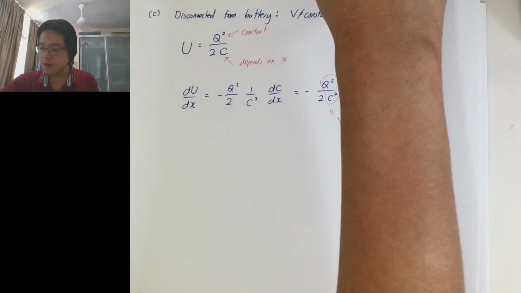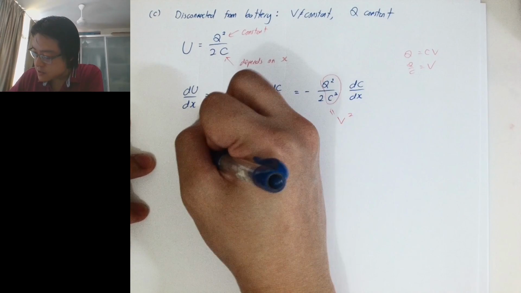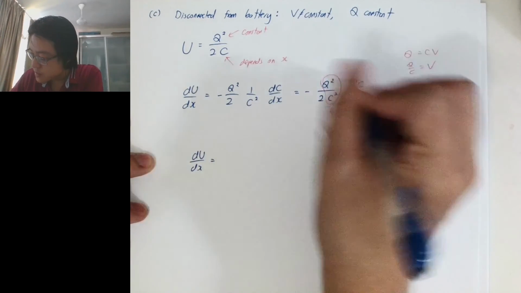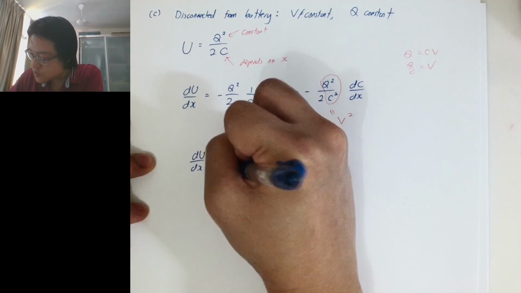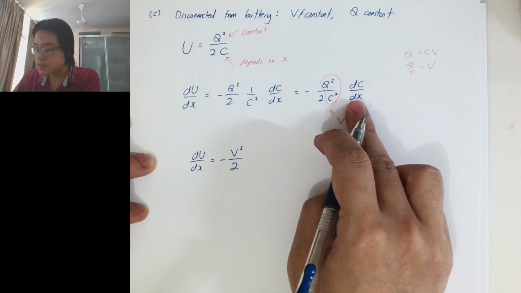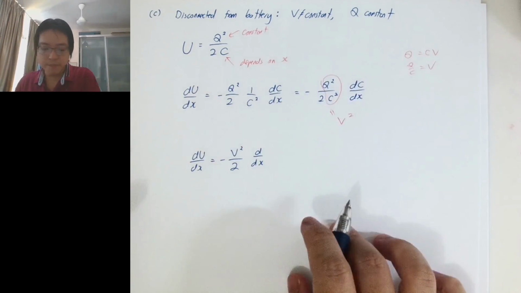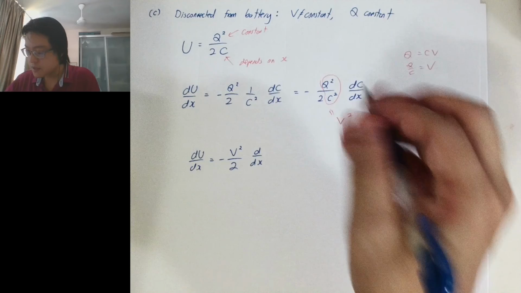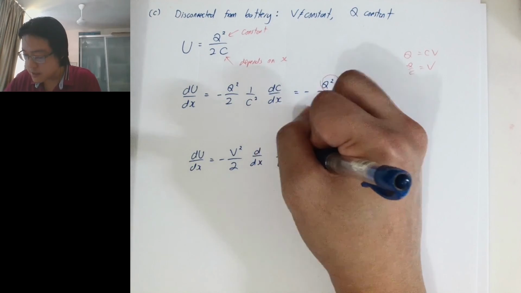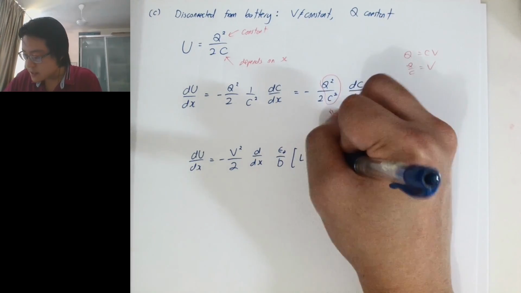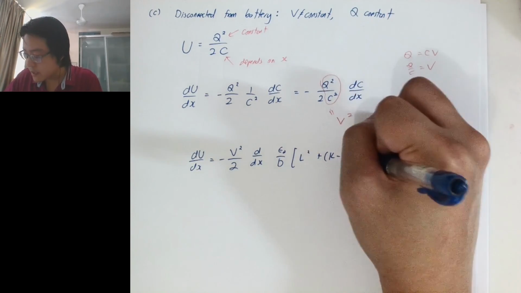Let us work this out. dU/dx is equal to minus V squared over 2, and then dC/dx. dC/dx means I differentiate the capacitance. My capacitance was epsilon over D times (L squared plus (K minus 1) Lx).